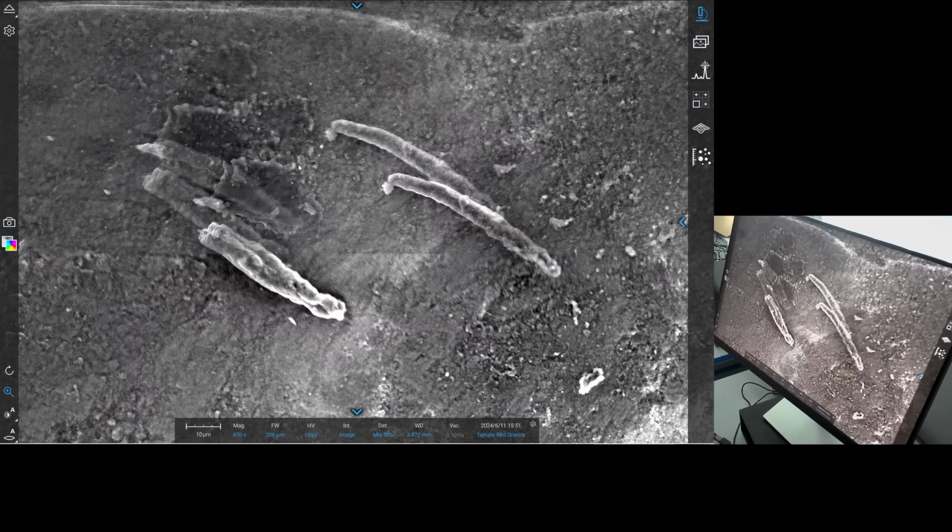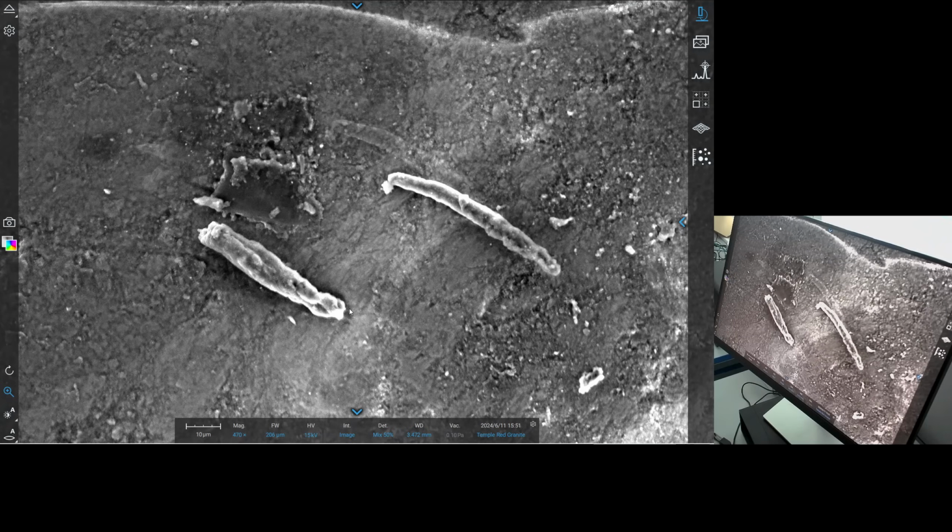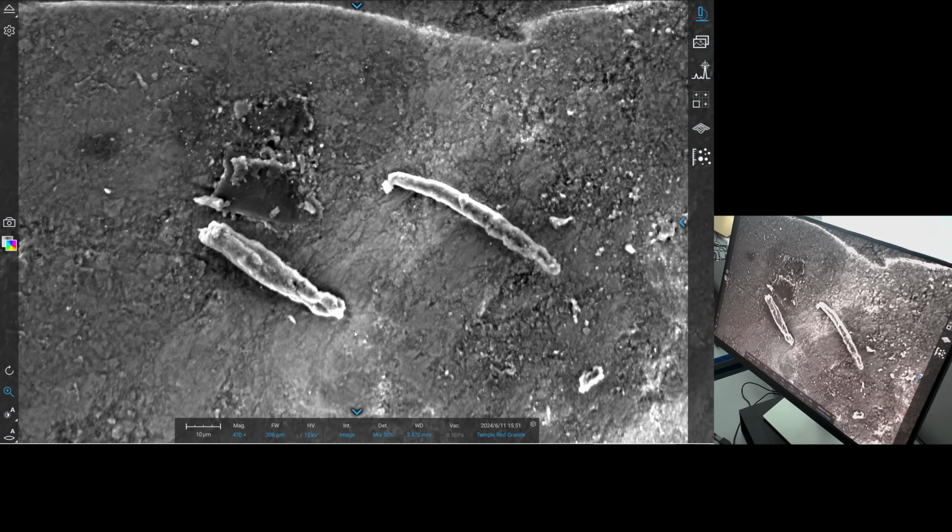Quite a few of these things. Now that has just moved. That gives me the impression that this is detritus on the surface. Okay, alright.